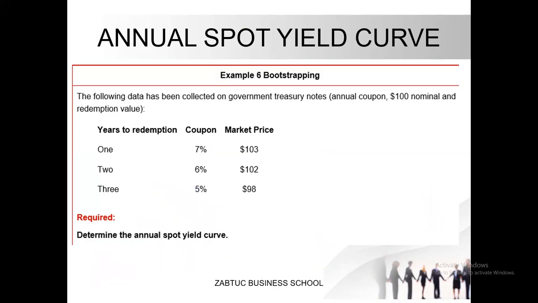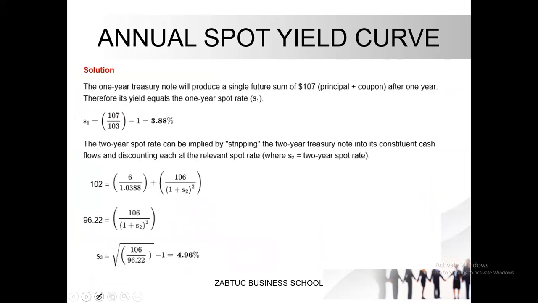Okay, so we go for the first year. The 1-year treasury note will produce a single future sum of 107 after 1 year. Therefore, its yield equals the 1-year spot rate, S1. So that divided by that minus 1 gives 3.84.